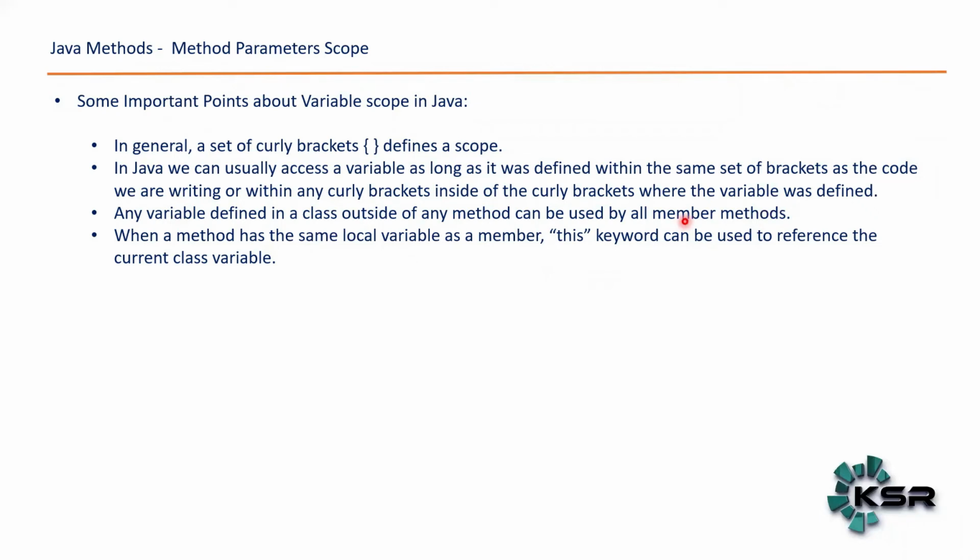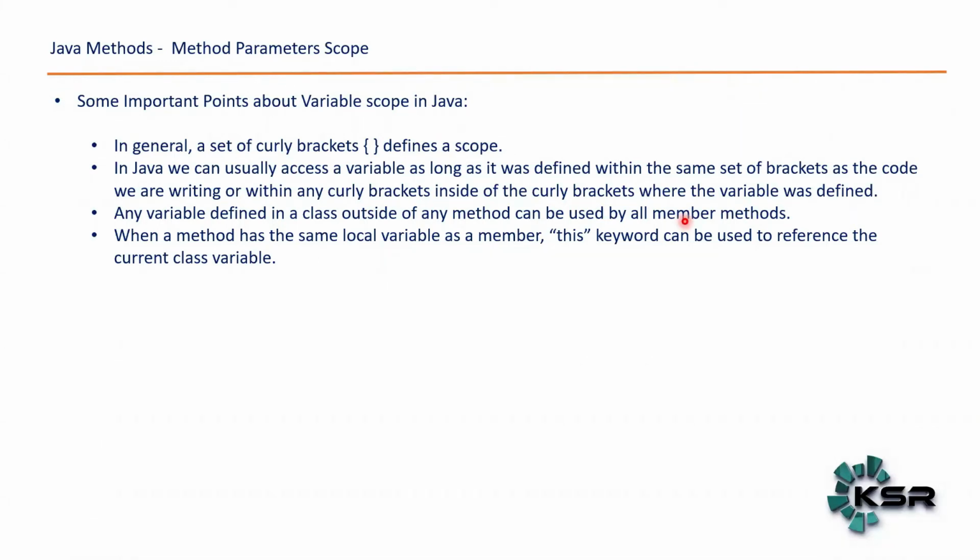Member method in the sense that we are going to create an object, or if it is static, you can access it directly, or using the class name. Otherwise, you can create an object and then access it.